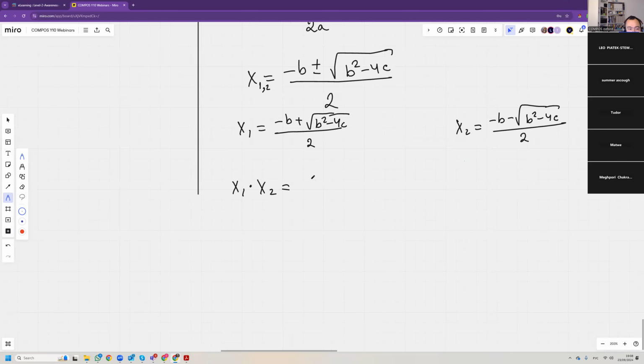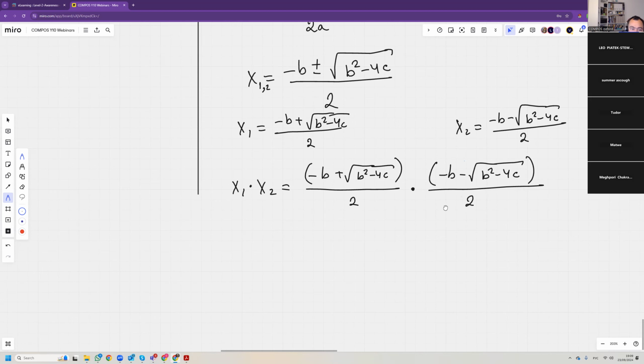So it's minus b plus root b squared minus 4c over 2, multiplied by minus b minus root b squared minus 4c over 2.